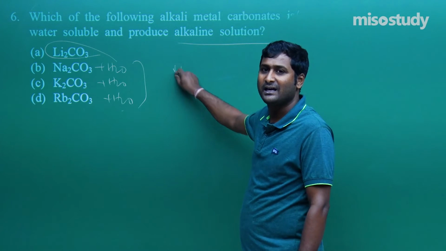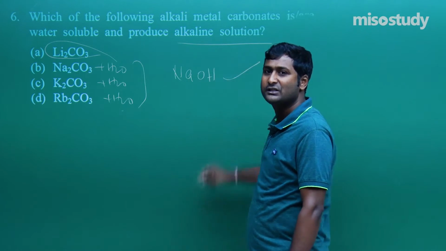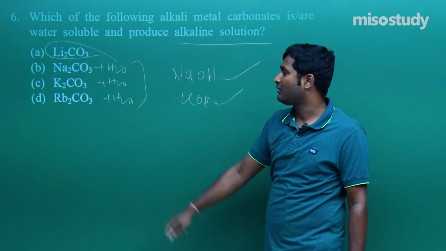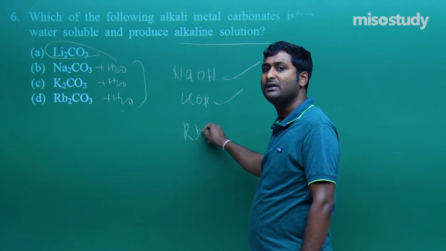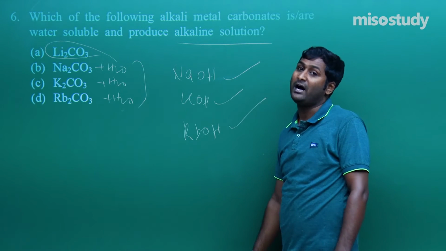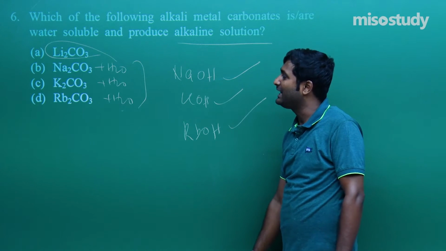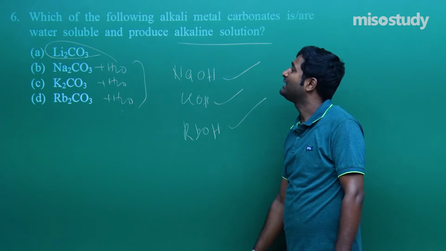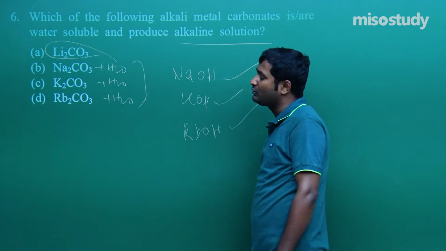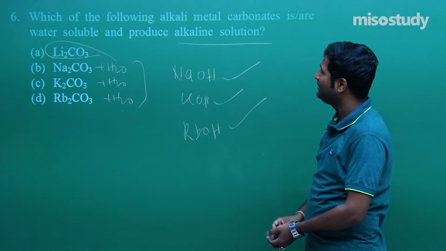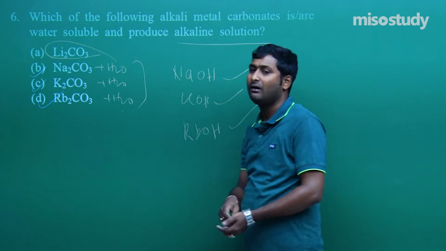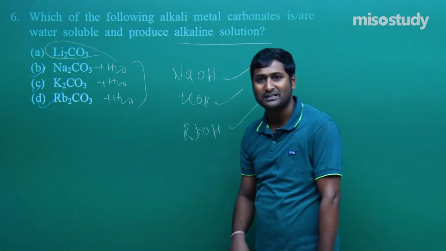In each and every case it forms NaOH, a strong base. It will form KOH, also a strong base, and RbOH, also a strong base. If there is a strong base, what do we say? Yes sir, this will be an alkaline solution. So except Li2CO3, all form an alkaline solution. So for this, B, C and D are the correct options. This is also a multiple choice type question.